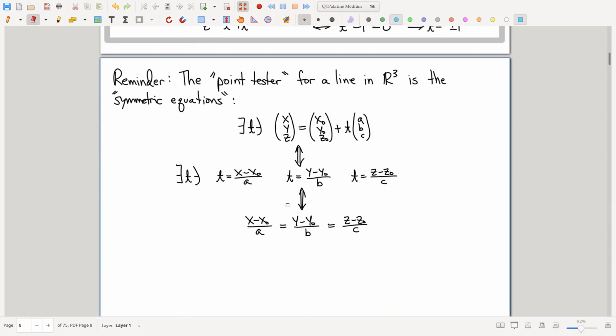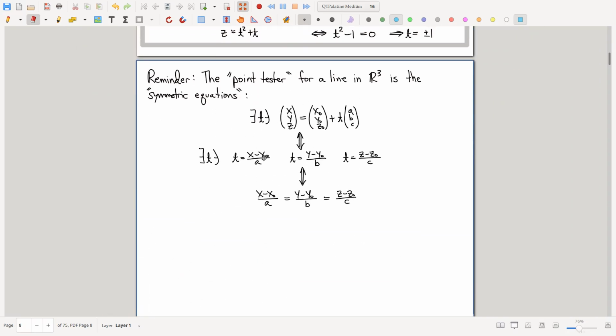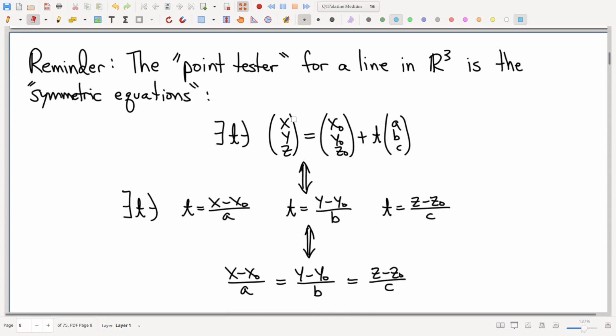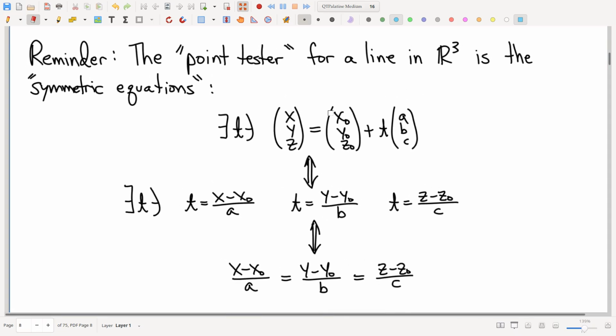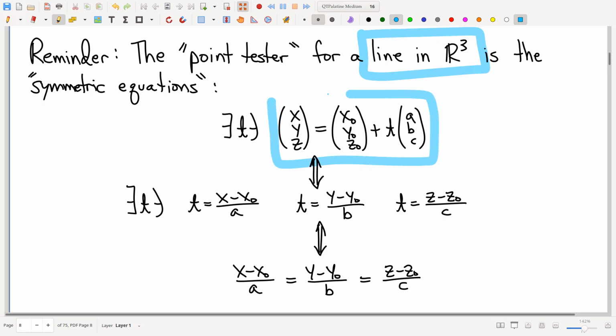Probably the last thing we'll do here, let's see here. Yeah, this will be a good ending point. This point tester idea. If you have a line in R3, we know how to parameterize a line in R3.